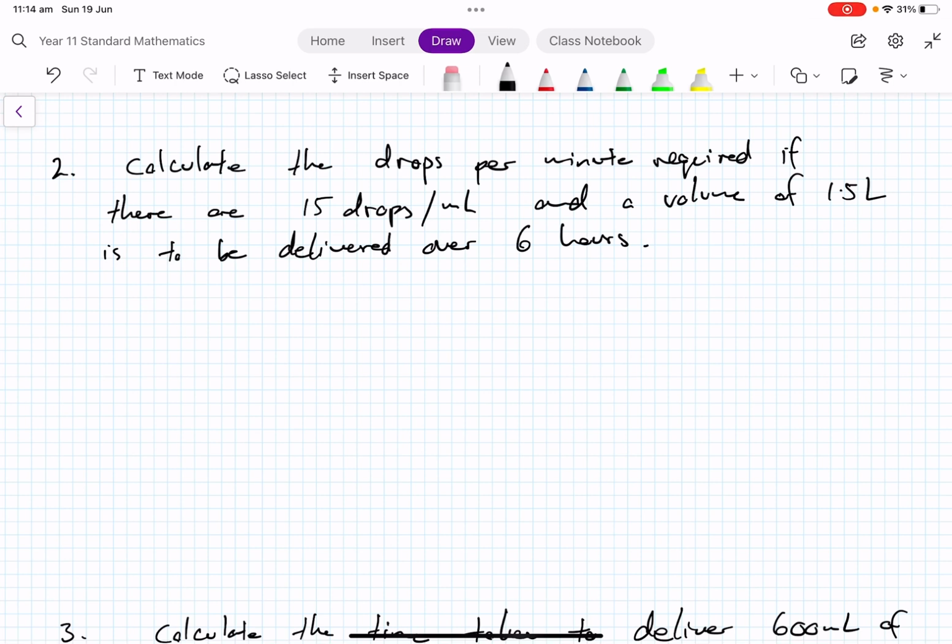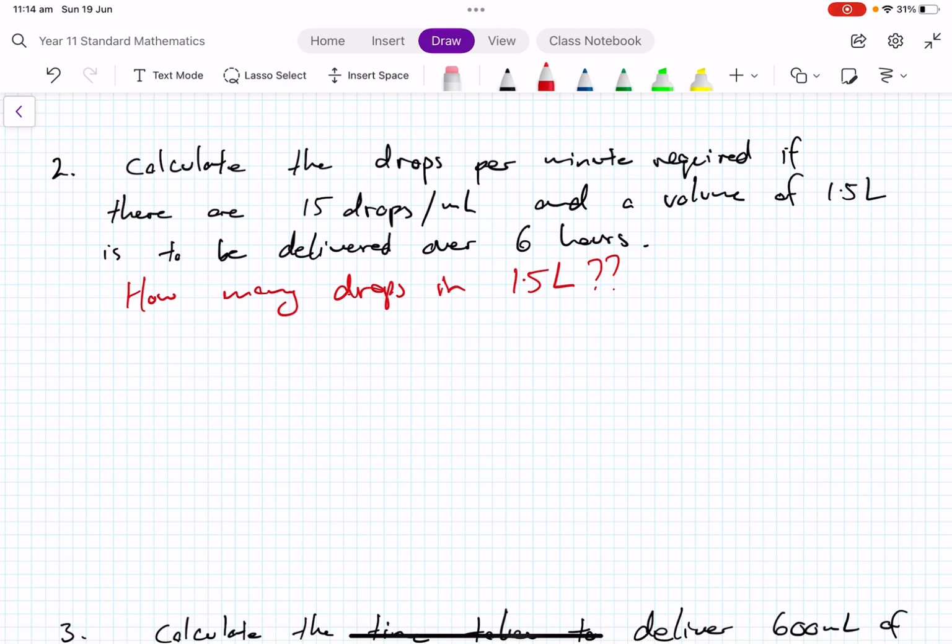I can deal with that at the end. I can divide by 6 to work out how many drops per hour. But we need to work out, how many drops are there in 1.5 liters? That is essentially the question that I'm asking myself first.